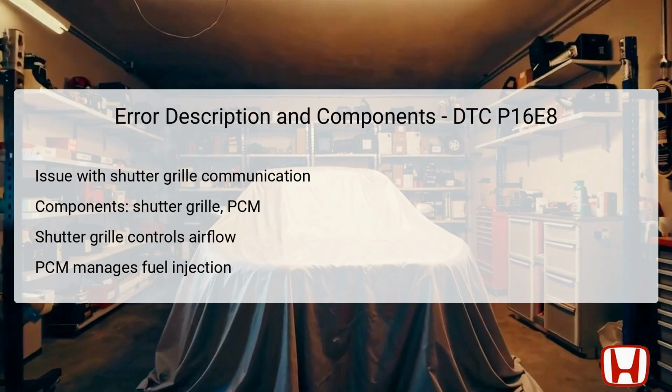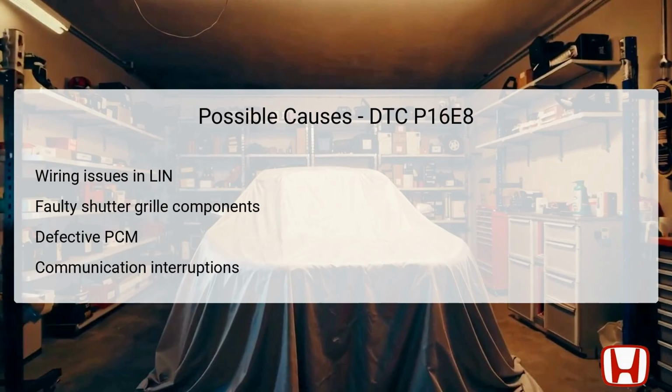Several factors could contribute to the appearance of the P16E8 code. Primarily, there may be wiring issues in the LIN network, which could include corrosion or damage to the wiring harness connecting the shutter grille to the PCM. Faulty internal components of the shutter grille itself, such as activation motors or sensors, might also result in communication errors.